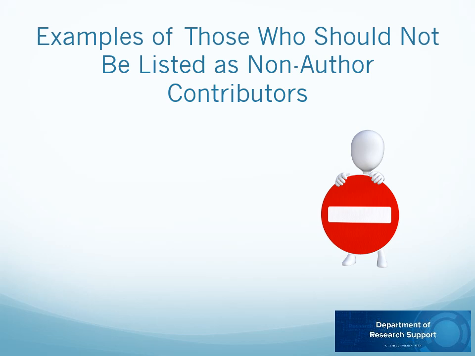Because journal articles are formal scientific documents, the article content, including the acknowledgments, should focus solely on the study and those who had direct involvement with the conduct of the study. Therefore, family members or friends should not be listed in the acknowledgments. In general, these individuals have not had direct involvement with the conduct of the study.